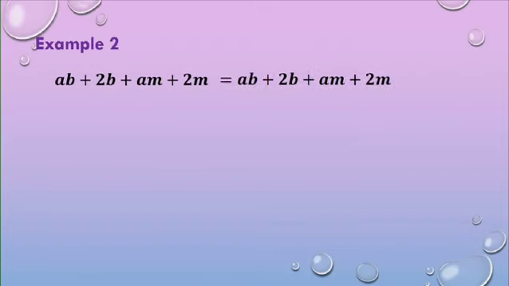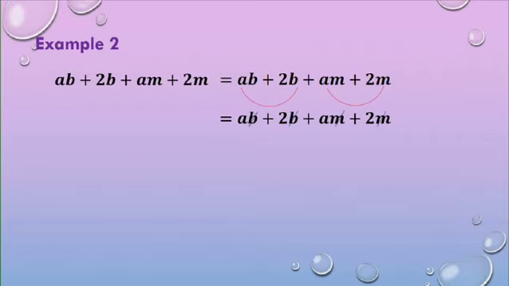Let's have a look at one more example. ab plus 2b plus am plus 2m. Since we do not have a common factor in all the 4 algebraic terms, we're going to make 2 groups of 2. In the first group, we're going to find a common factor, and in the second group again, we're going to find a common factor. In the first group, the common factor is b, and in the second group, the common factor is m.